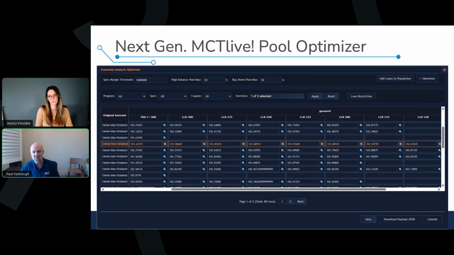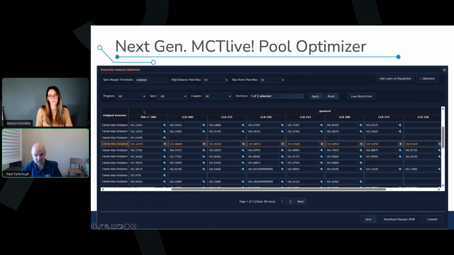We're all flush with volume right now. And so I want to consider those loans in my optimization. A little bit of caveat there that you need to understand: if you didn't put those out for bid, there may be an aggregator bid out there you need to consider. But at least you can see the optimization is available to say, well, if I just have this 1 or 2 more loans, I could create that pool. That's what this add loans to population functionality does.